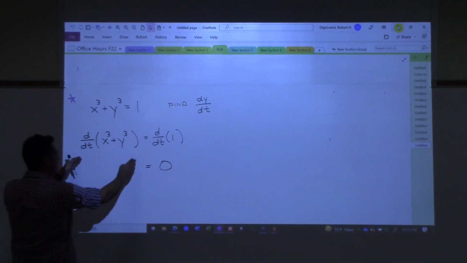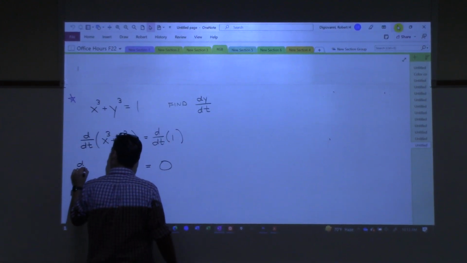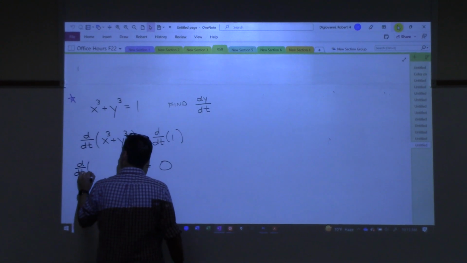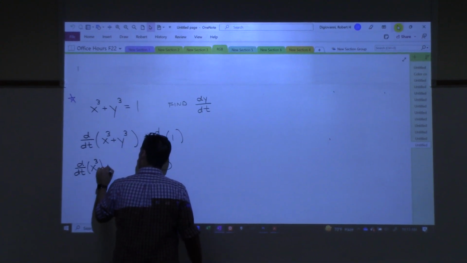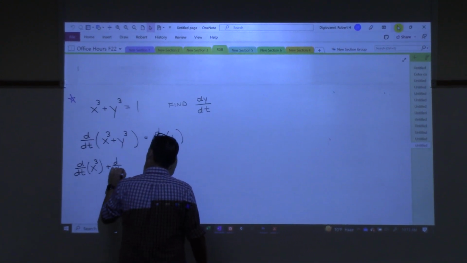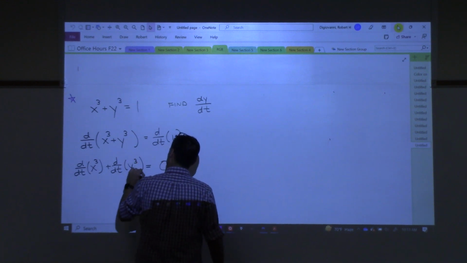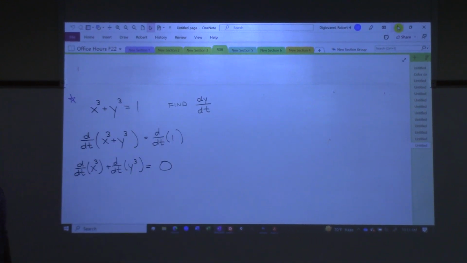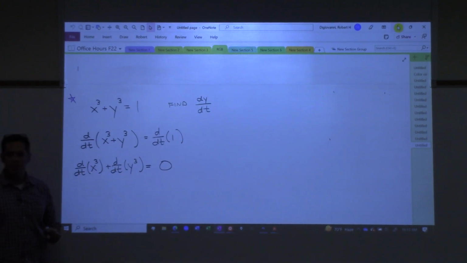Sum, let's split it into 2. The derivative with respect to t of x cubed plus the derivative with respect to t of y cubed. Both of these do not have matching variables, right? So both of them have to be done with the chain rule. None of them can just be the simple 3x squared or 3y squared.